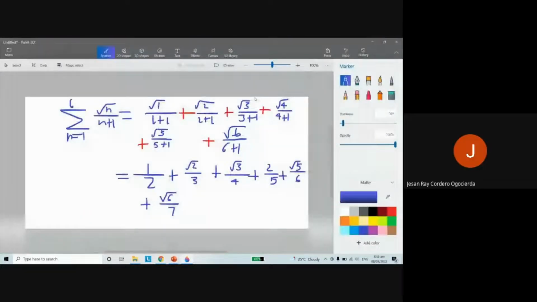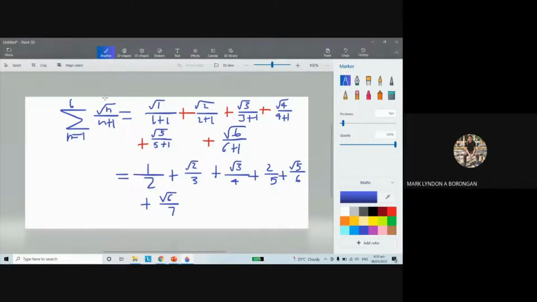So akong balik ko na yung gibuhat ani guys. So since naman tay from our first nga lower limit up until the upper limit man ta atong pag-add. So since original nga variable, all you have to do is to substitute lang from 1 up to 6.